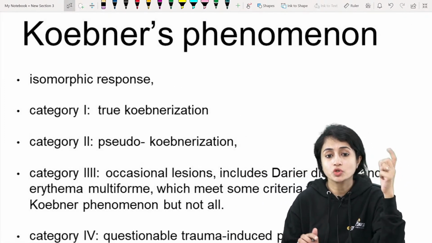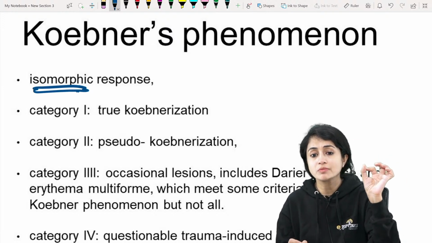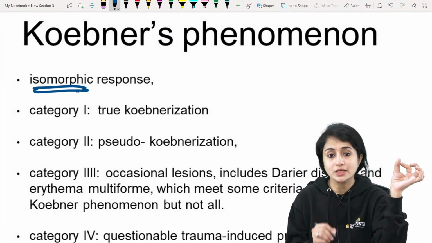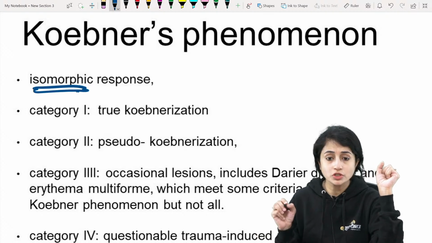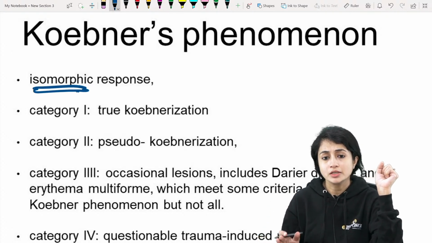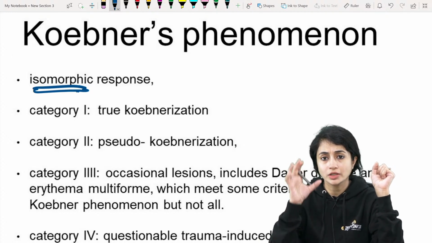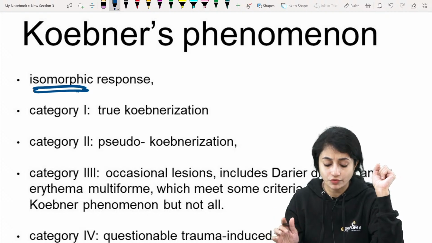It's also called as isomorphic response because you have lesions of similar morphology. Iso means same, morphic means morphology. So lesions of similar morphology occurring at the site of trauma or linear excoriation is called as isomorphic response.